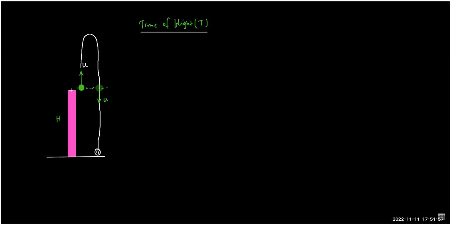So let me draw it first. If this is your point of projection, and this is the y direction, this is the origin. So at t equals 0, what is the y coordinate of the ball?